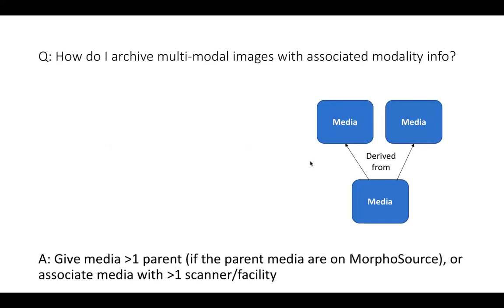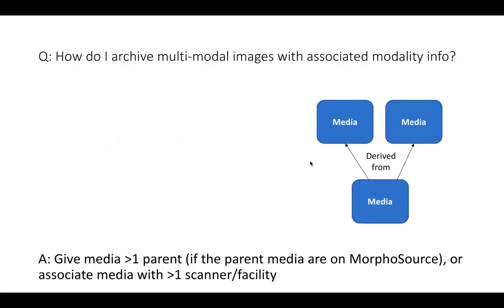And in fact, my next slide: if I have multimodal images, how do I archive those in a strong way with associated modality-specific metadata? Well, there are two ways in the new model. One, like I said, if both of the parent media, two, three, four, however many, are all in MorphoSource, you can just identify those as parents to the composite media.